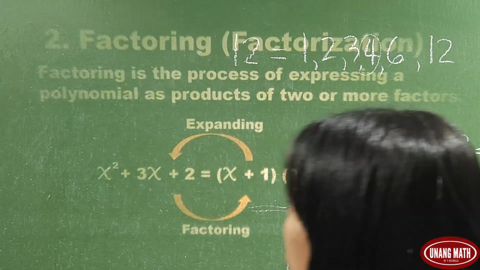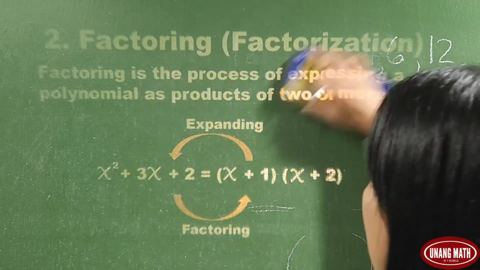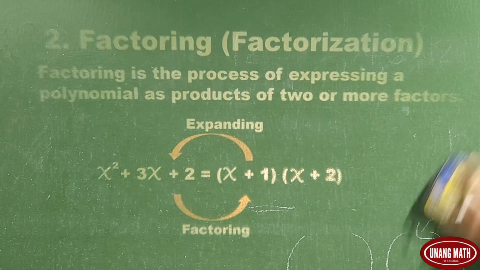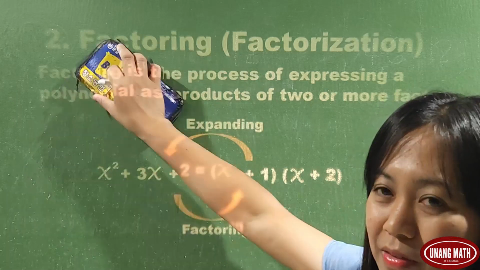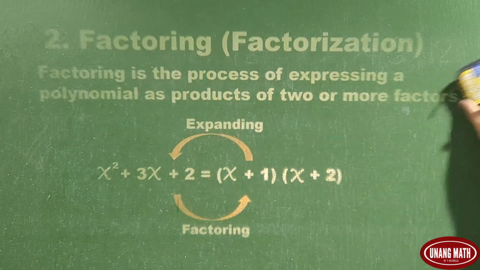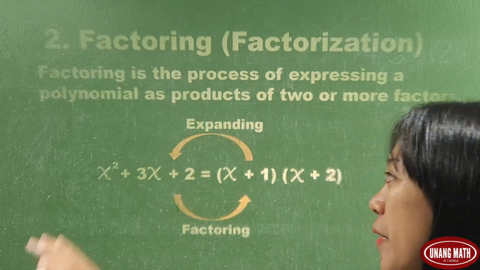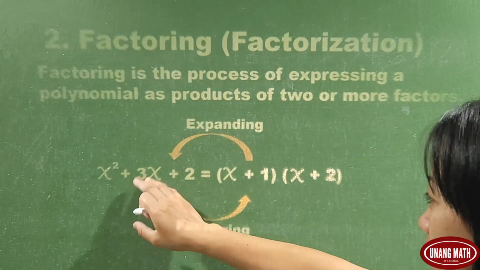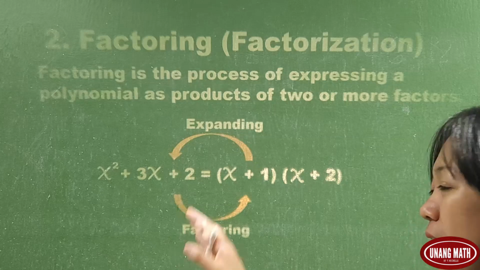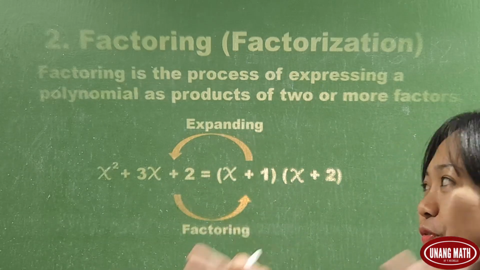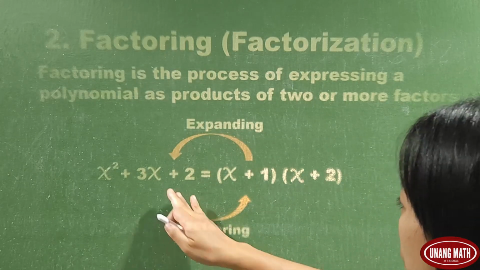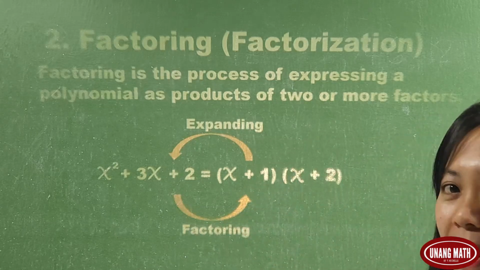Okay, what about factoring or factorization? This is now the process of expressing a polynomial as a product of two or more factors. If this is our expression, x squared plus 3x plus 2, and we find the factors, then that would be factoring.